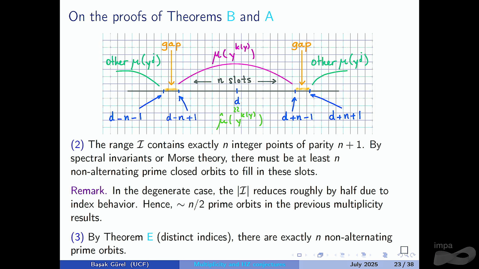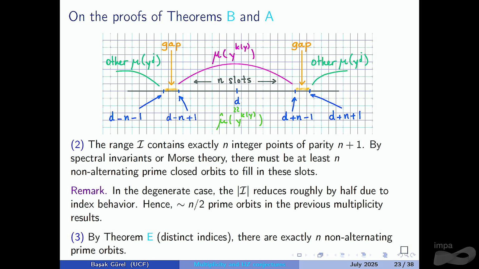Let me go to the next page maybe. So there will be this index interval from d minus n plus 1 to d plus n minus 1. And in this index interval, there will be only one iteration for each prime orbit. Only one iteration will occur, and any other iteration will be outside this range.